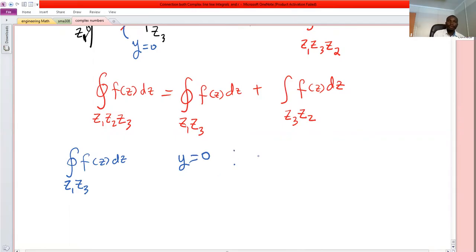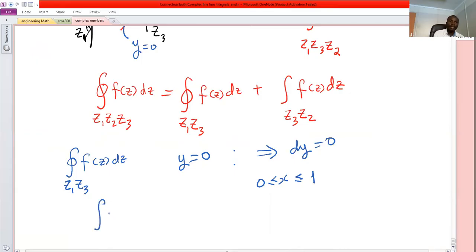And you see y equals 0 means that dy equals 0, and the limits we have, x is changing from 0 to 1. So in our expression, we'll be replacing limits from 0 to 1 for x, and where there is y, you put 0.